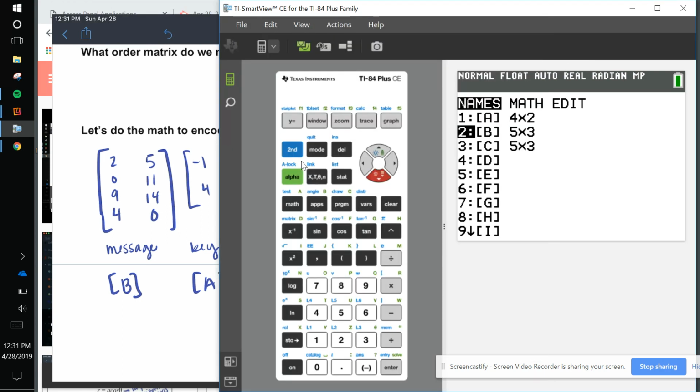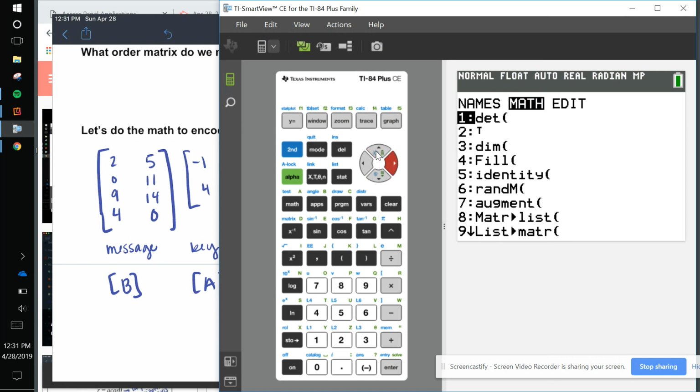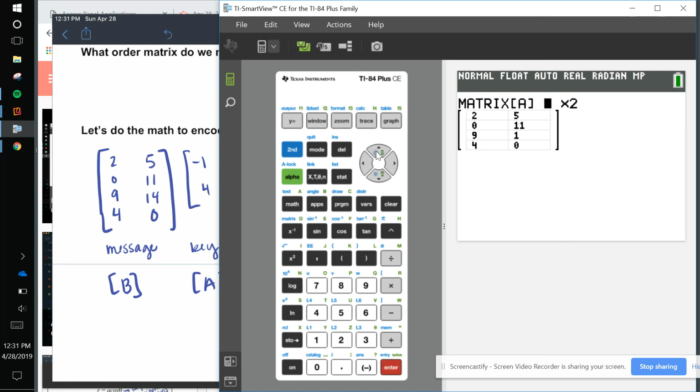So I'm going to redo A. Edit. This is our key, which is a 2 by 2. So I think our key is -1, 2, 4, and 7.